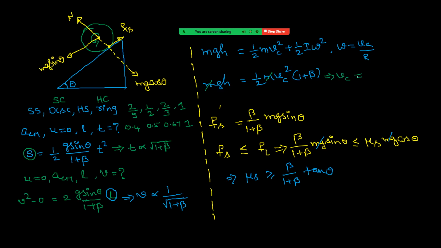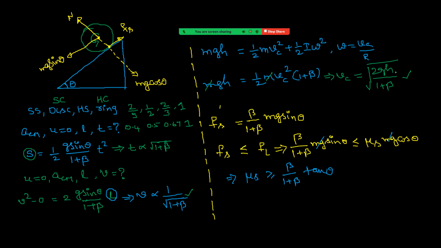Velocity of center of mass Vc equals root of 2gh upon 1 plus beta. h is the same for all, g is constant. So Vc is proportional to 1 by root of 1 plus beta. So either we can solve using kinematics or using conservation of mechanical energy.